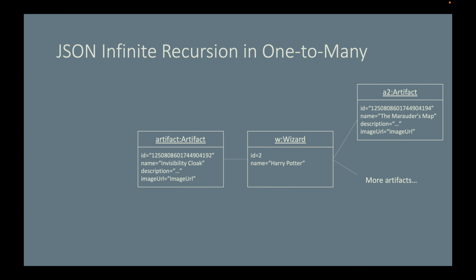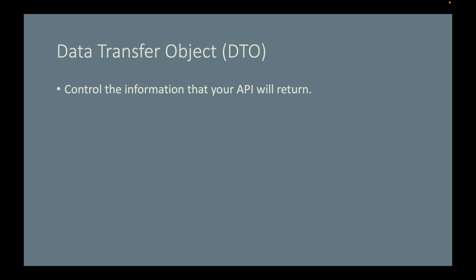There are many ways to solve this problem. Here's one. We will use an intermediate object called Data Transfer Object, or DTO, to solve this JSON Infinite Recursion problem. This DTO can help us define the information the server side wants to return to the client.